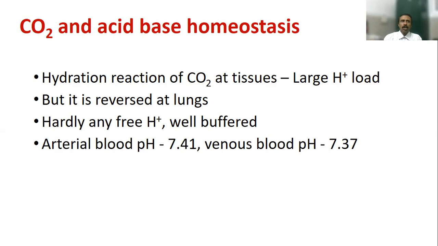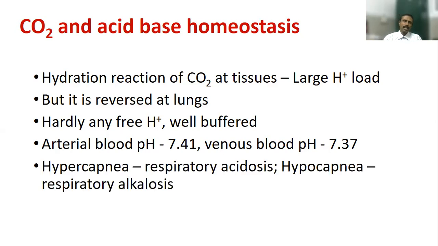So, though we see that the venous blood is slightly more acidic than the arterial blood, be it arterial blood or venous blood, the pH would still remain in the physiologic pH range of 7.35 to 7.45.